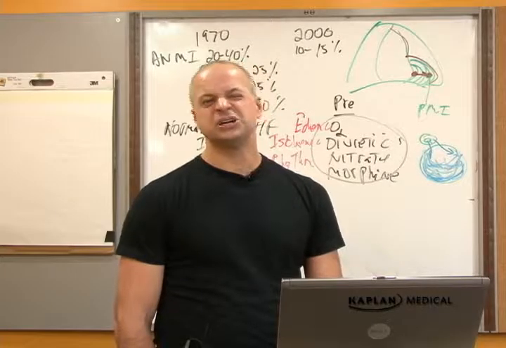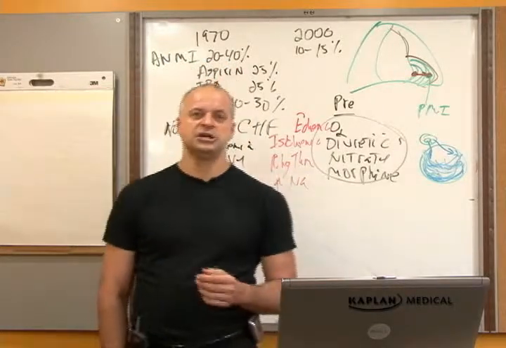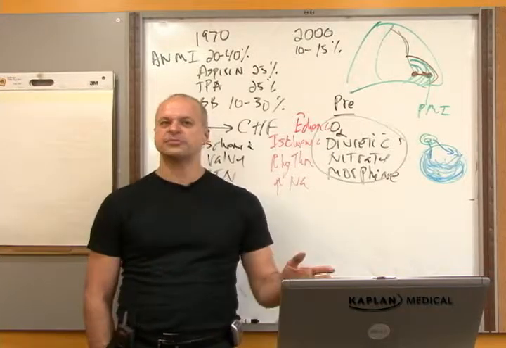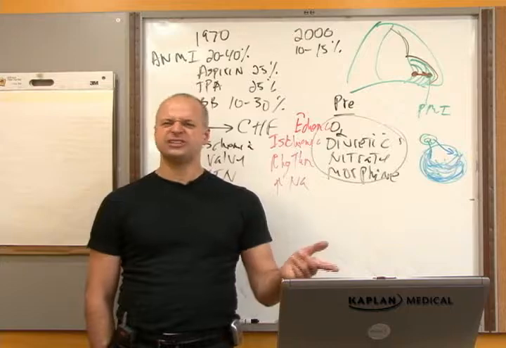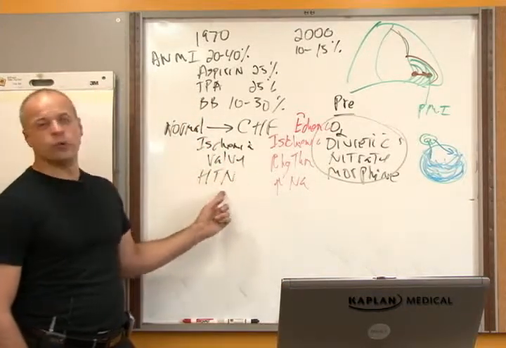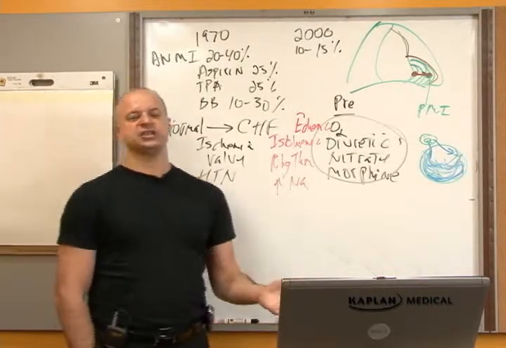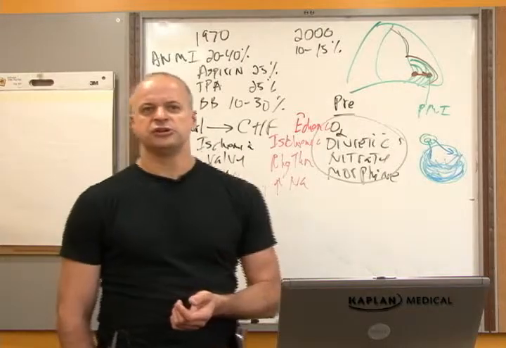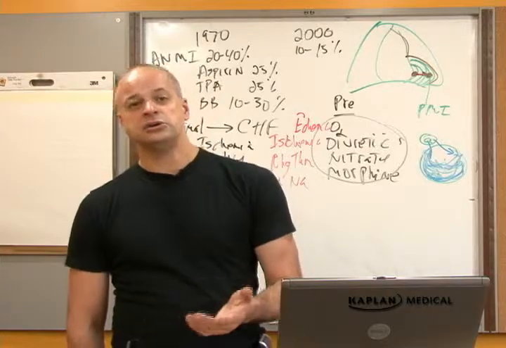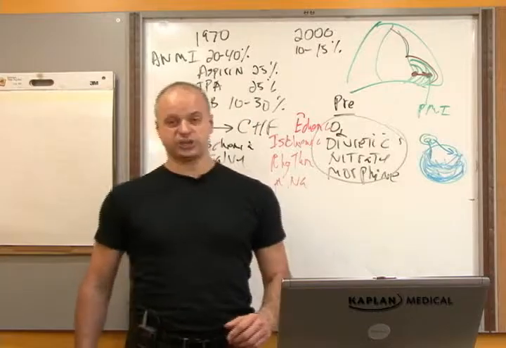The answer is only about 10 or 20%, if your heart is normal. But if you have a sick, leaky, weak heart, you could have 40 or 50% of your cardiac output based on your atrial contribution.